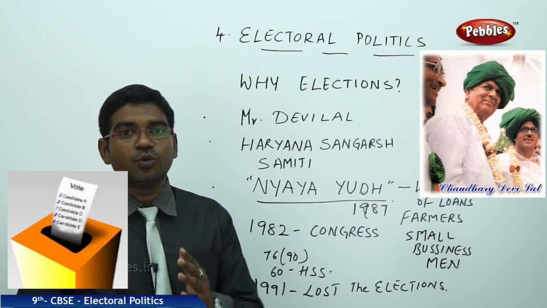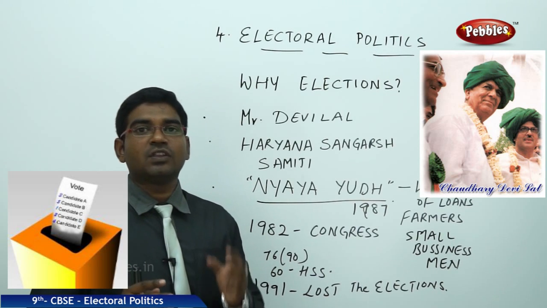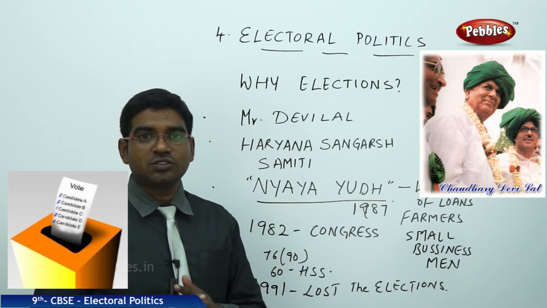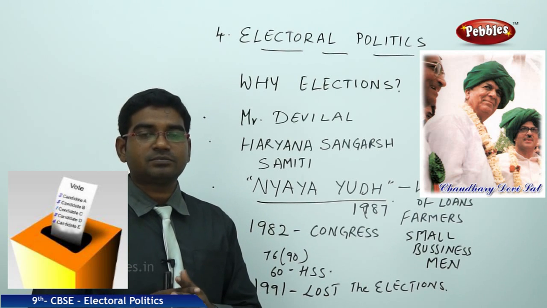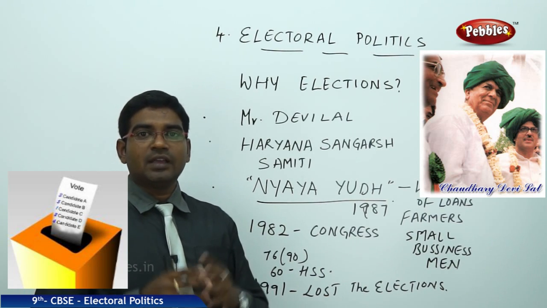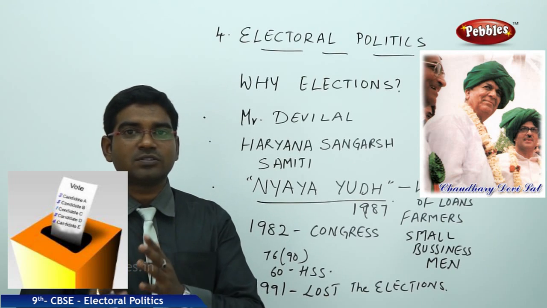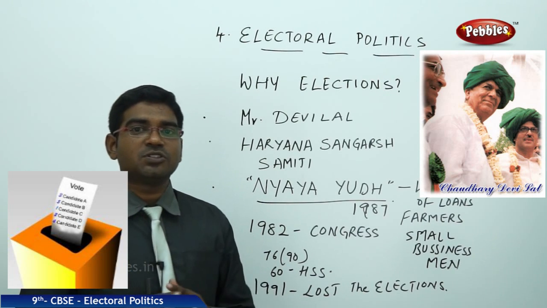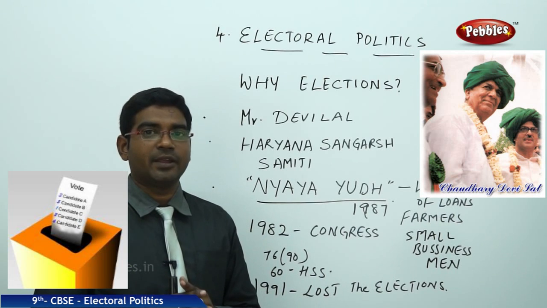In 1982, when the elections were held, the Congress won and formed the government. He, as well as the other leaders, lost the elections, and they became the opposition party in the assembly of Haryana.